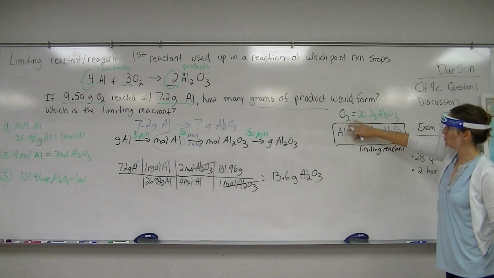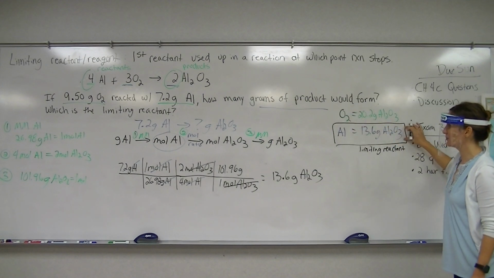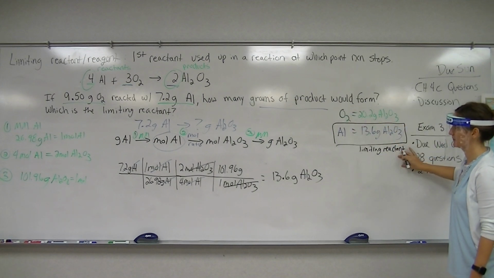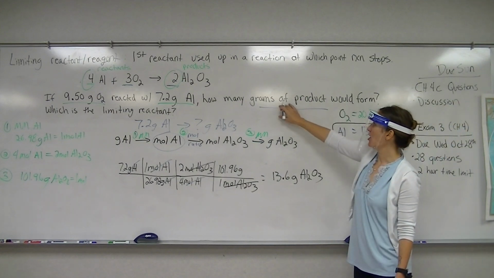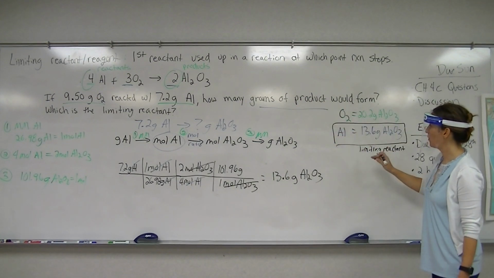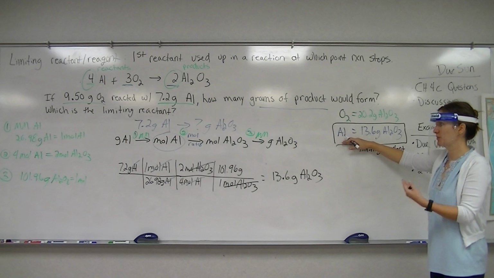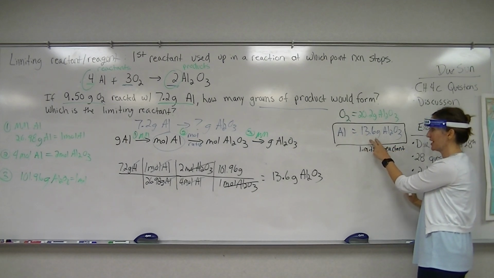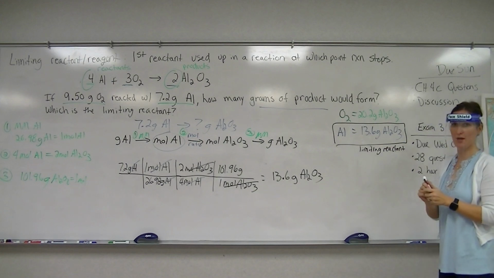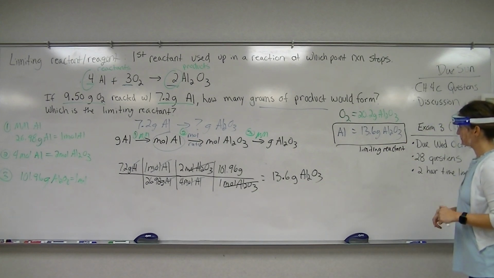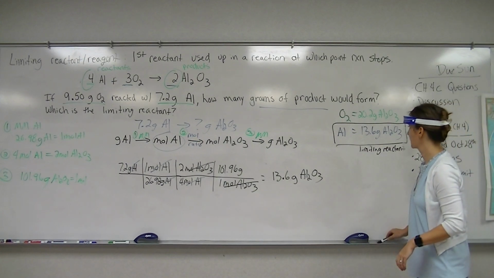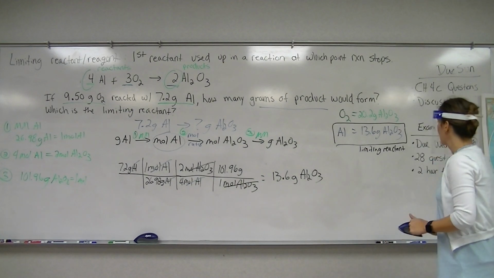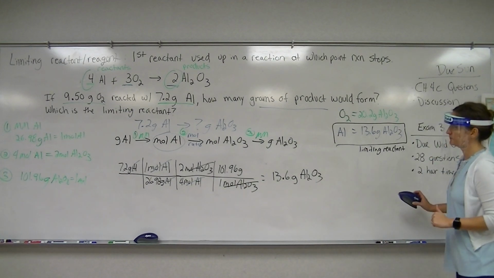So whichever of the two reactants makes the least product, that's the limiting one. So when it's asking how many grams of product would form, well, the limiting reactant, the limiting reagent, is the one that determines how many grams of product, and in this case, it's 13.6 grams. All right.